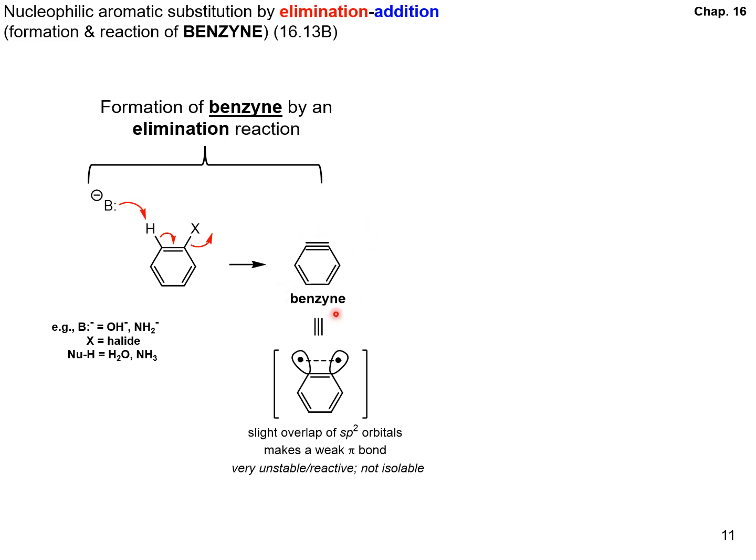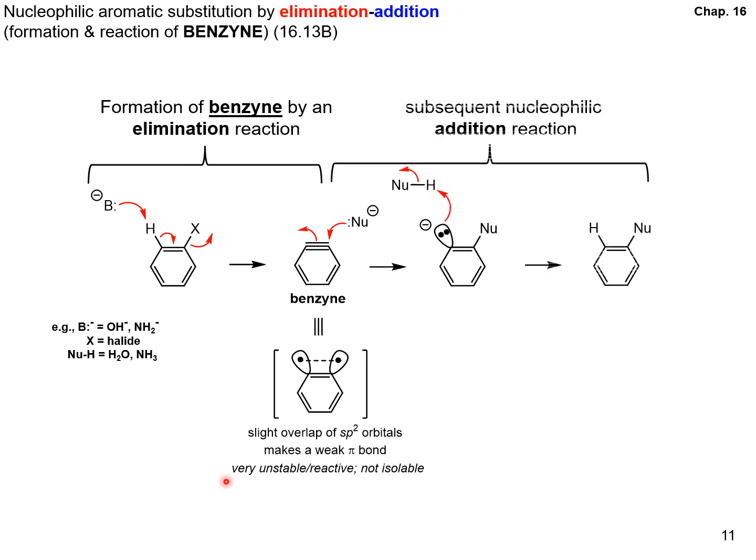benzyne. The -yne at the end infers that this is a triple bond, and you can draw it as a triple bond, but the molecule itself has some diradical character. It's a weak pi bond here, a very unstable reactive species, and it's definitely not isolable. So when it's generated in the presence of a nucleophile, the nucleophile will attack one of the carbons of benzyne.